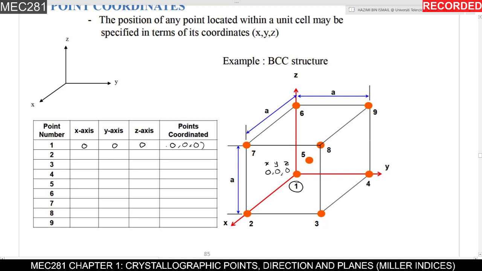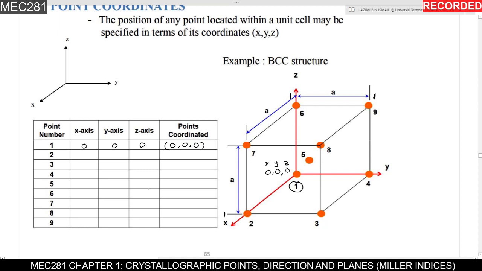Okay, so point 2 here, this one A. We have to assume A is 1.